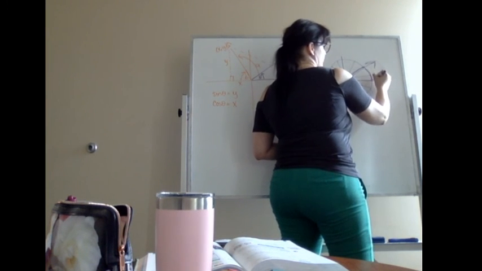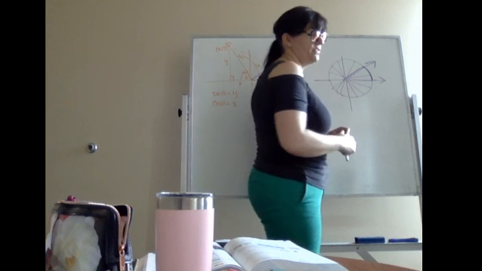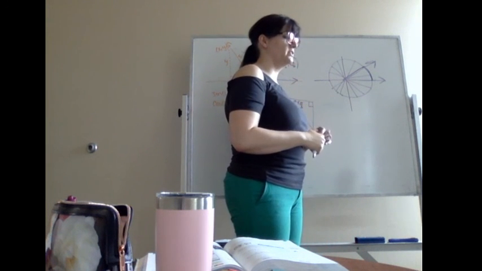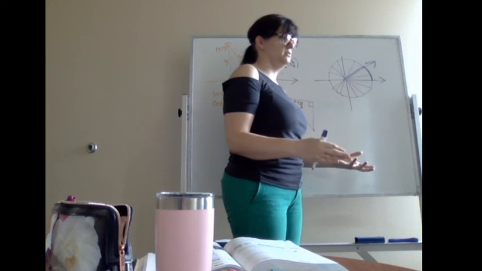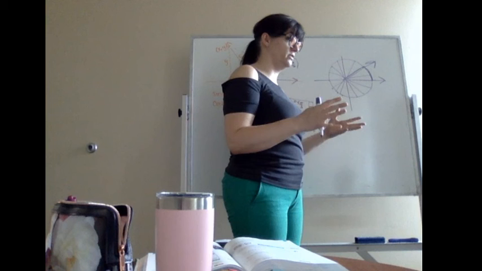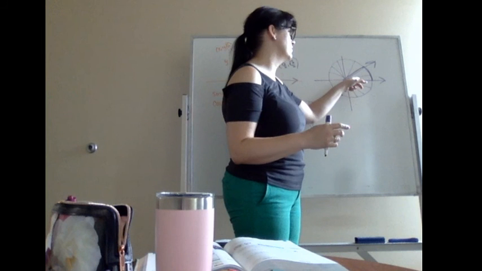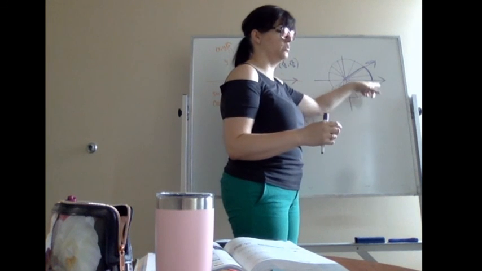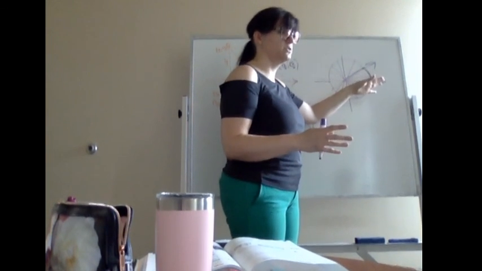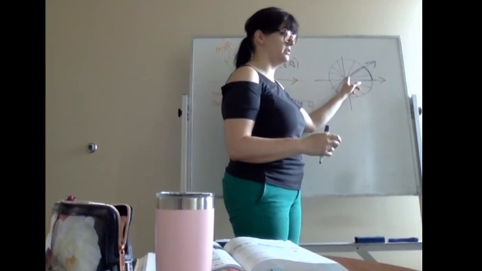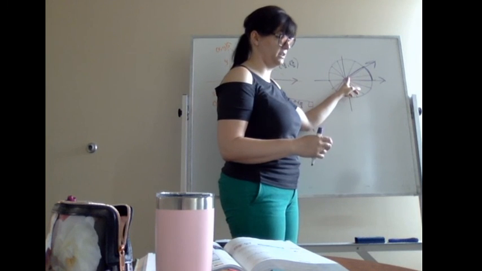This arc length can be found by finding what portion of the circumference that is. Does that make sense? Now, to find out what portion of the circumference that is, we need to know how much it's been rotated out. Because if it's been rotated all the way around, that's the full circumference. So the angle, this one right here, is very important to finding that.